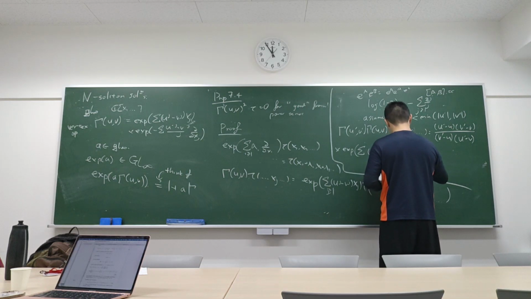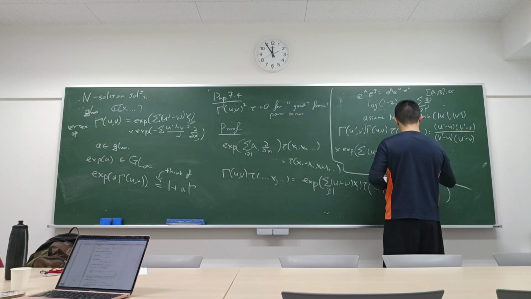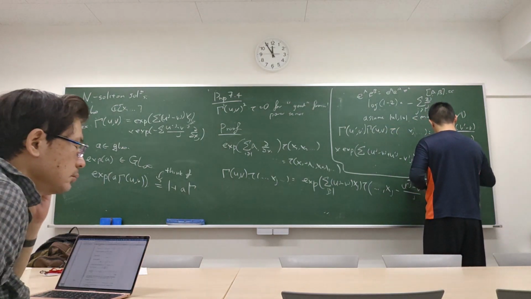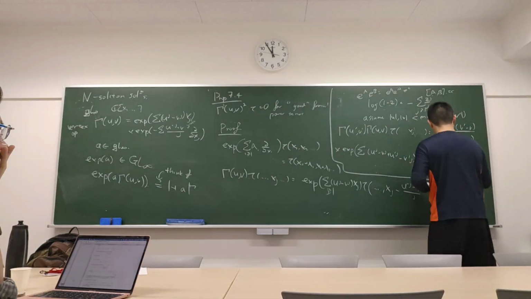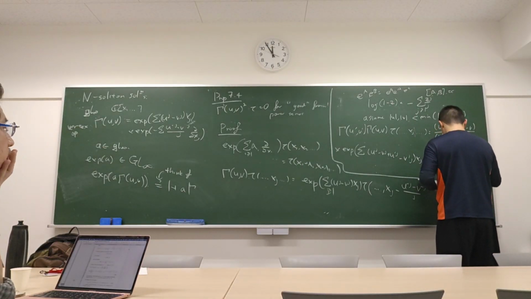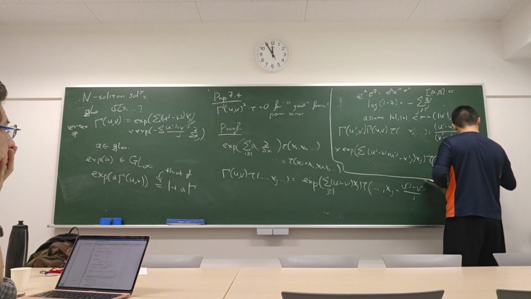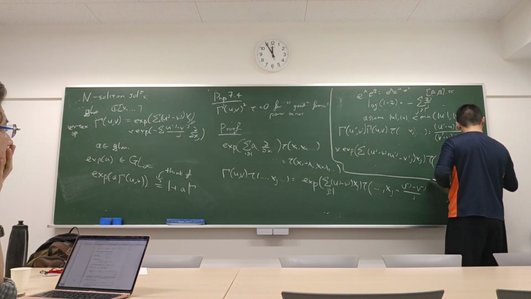J minus v prime j times tau xj minus (uj minus vj)(u prime j minus v prime j).